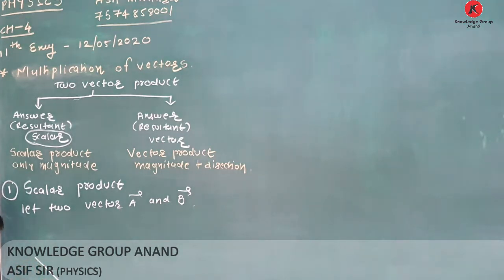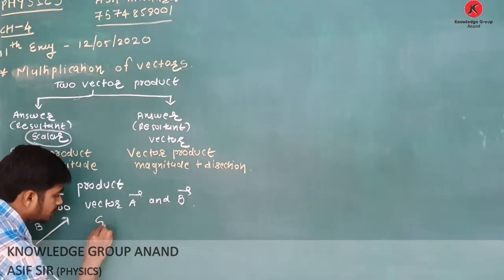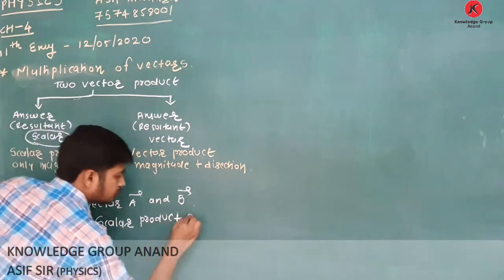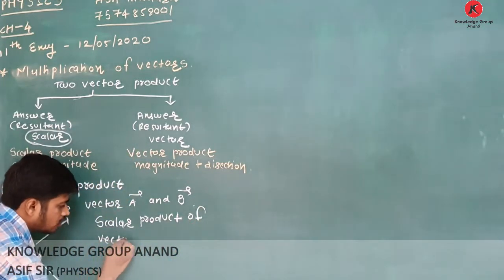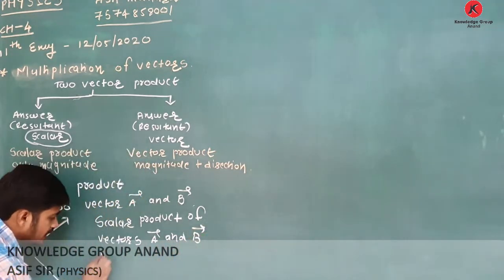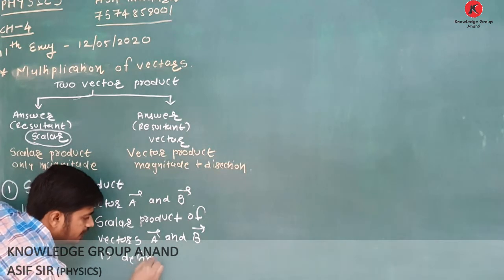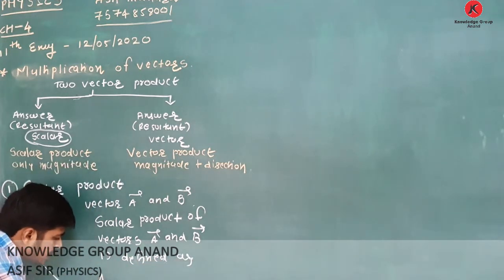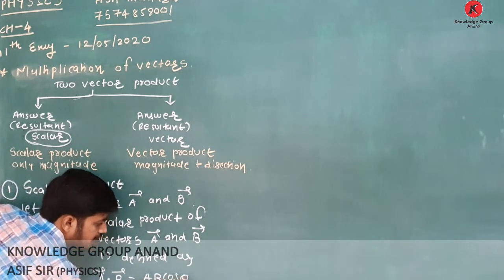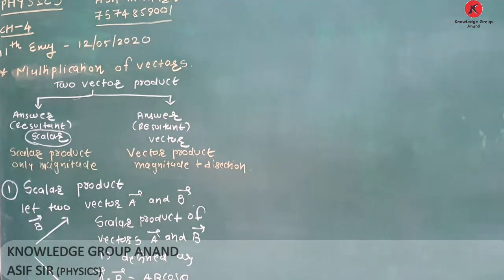It is vector A, and it is vector B. How is scalar product defined? The scalar product of vectors A and B is defined as A dot B is equal to AB cos theta.